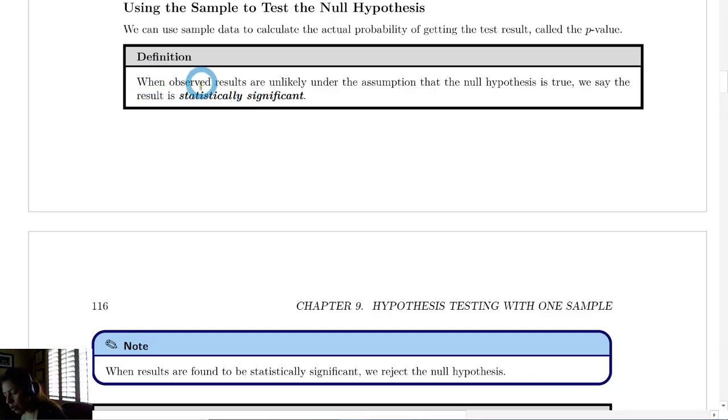So here, when we observe results that are unlikely under the assumption that the null hypothesis is true, we say the result is statistically significant, meaning that if I make a claim and there's enough evidence to support the claim, kind of like guilty and not guilty. If the person is not guilty, it doesn't mean they're innocent.